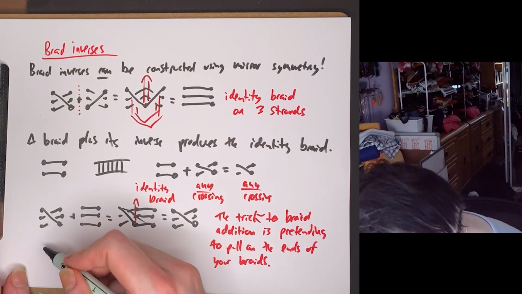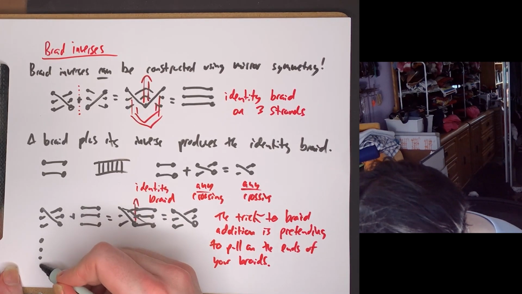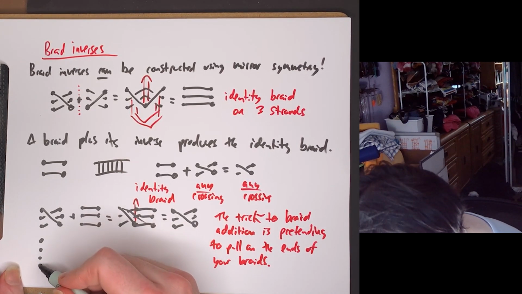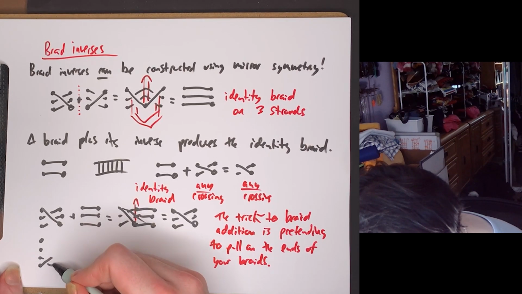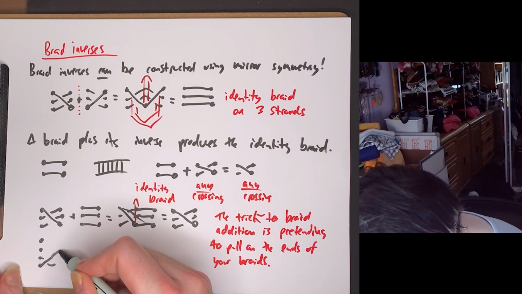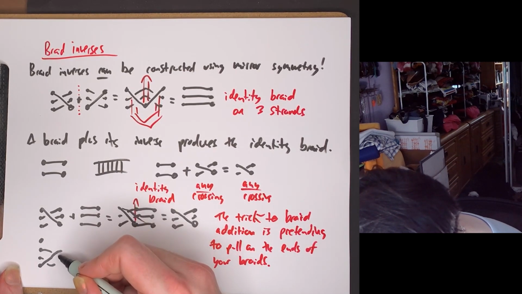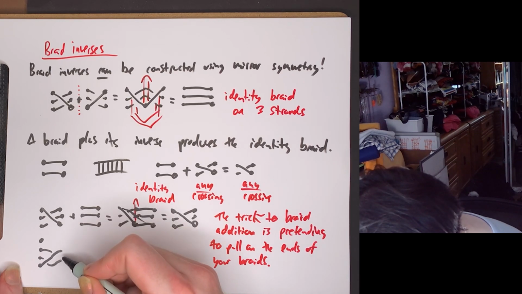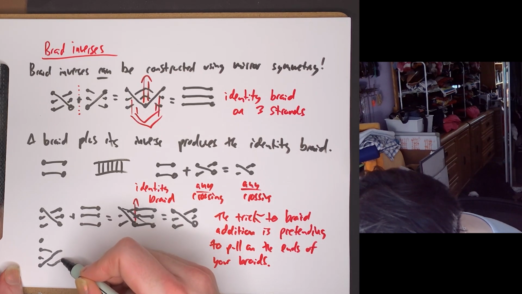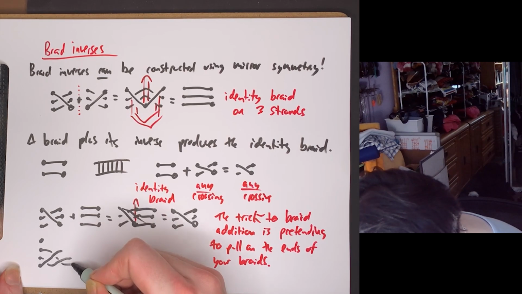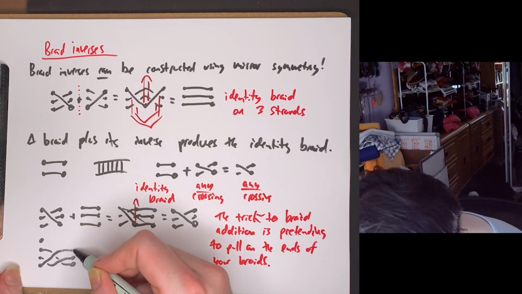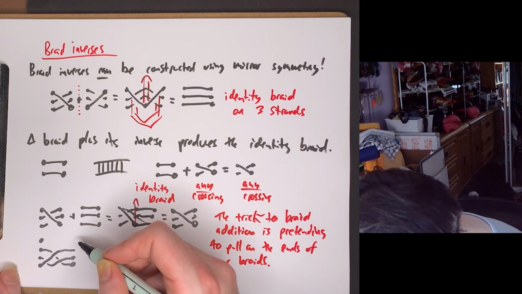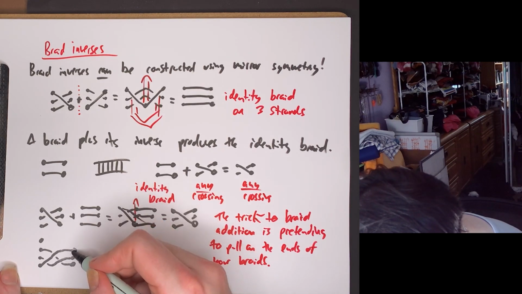I can, as always, do something dangerous and try and put my money where my mouth is and draw a braid. You've got to be careful doing this. It's very easy to come up with much more complicated braids than you should. So I'm going to send that one over there, I'm going to send this one over there, and then I have no need for that top dot.